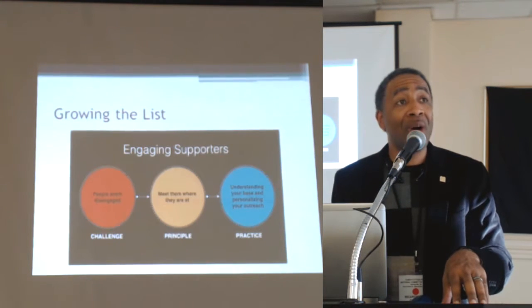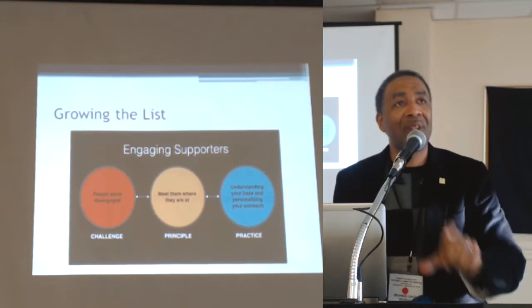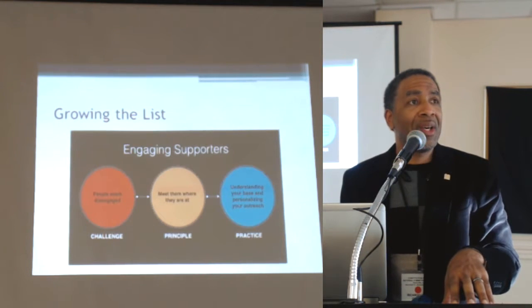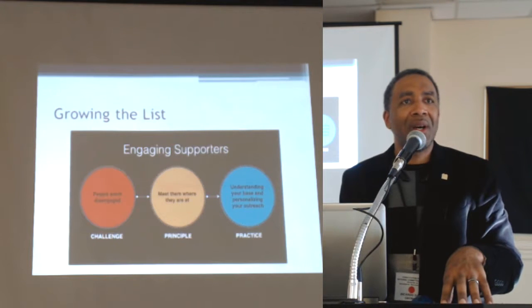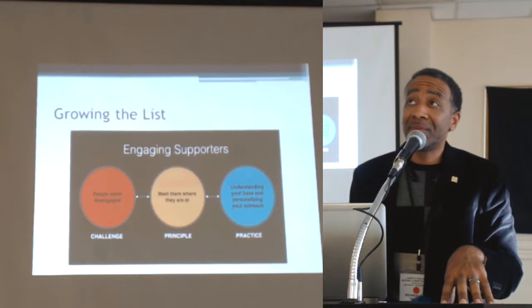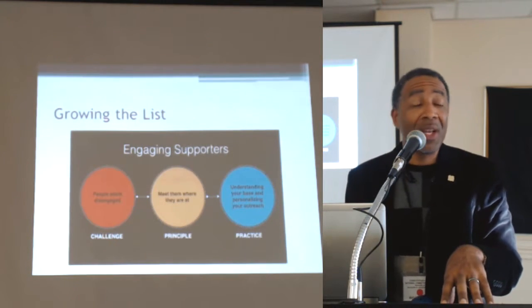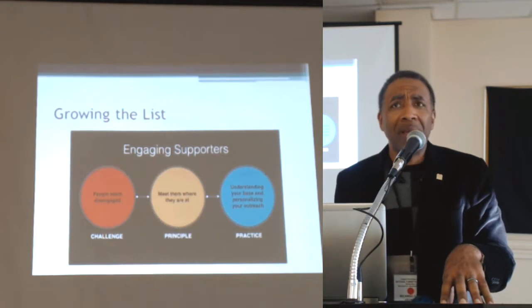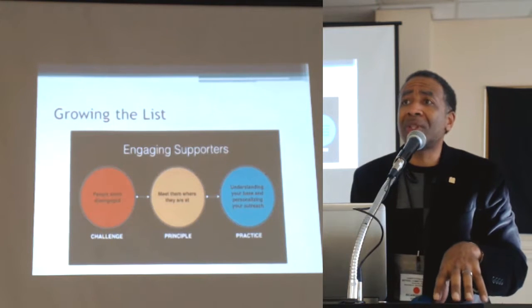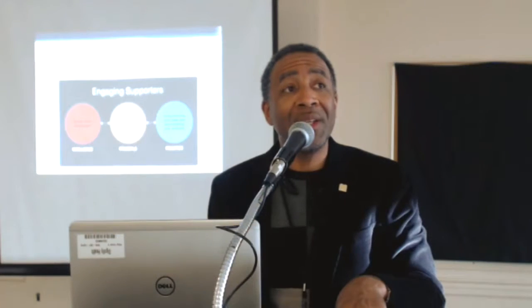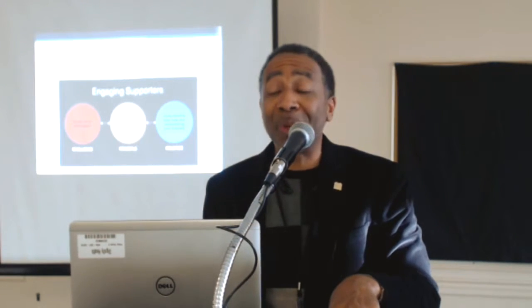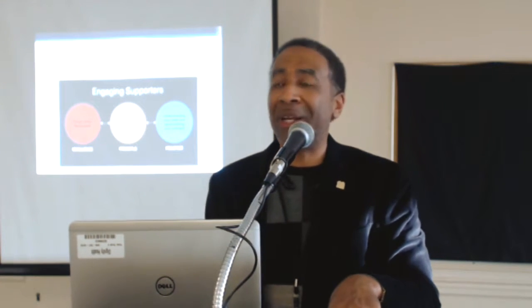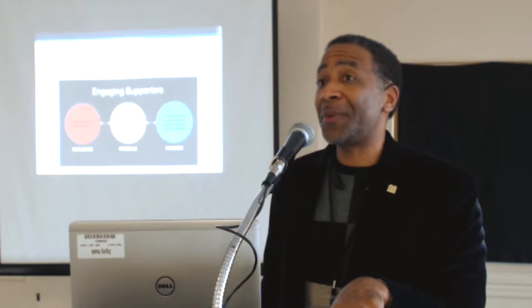So if I know that I have a segment of my supporters that are pro-life, then I'm going to send them a call to action, hopefully next week, before it gets too crazy for Christmas time, saying, hey, the Constitution Party of Georgia is encouraging all our supporters to join other pro-lifers at the Georgia March for Life at the state capitol. I'm engaging them. Did I ask them to do anything specific for the party? No.